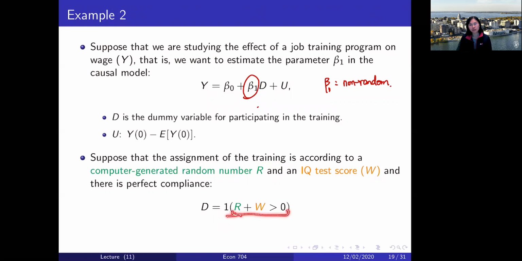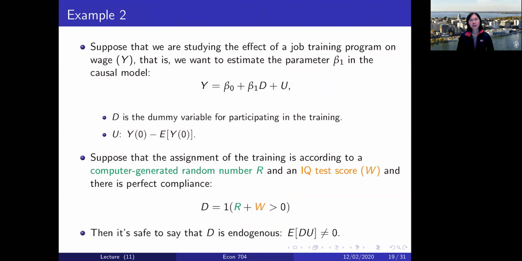I'm just trying to give you an idea in which the treatment assignment is according to both an idiosyncratic noise and something else, some individual characteristics that might be correlated with the error term U, the potential untreated outcome. So D is assigned according to these two things. And clearly, because IQ is correlated with potential untreated outcome, D is not exogenous.